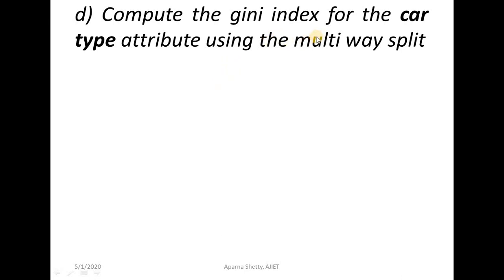Next, they have asked to compute the Gini index for the car type attribute using the multi-way split. In the car type attribute, there are three values: family, sports and luxury. So you have to calculate the Gini index for car type using a multi-way split.